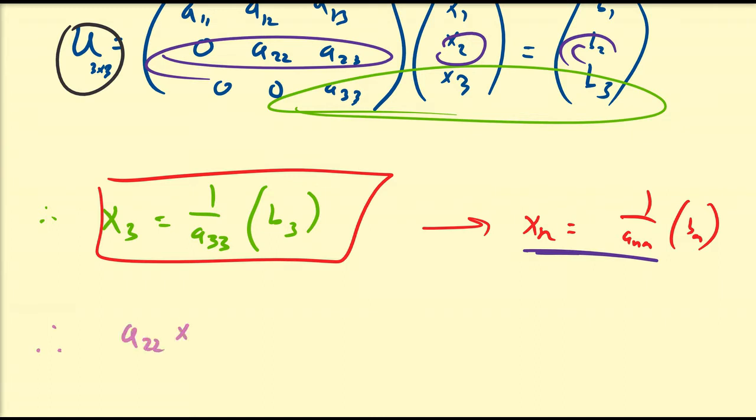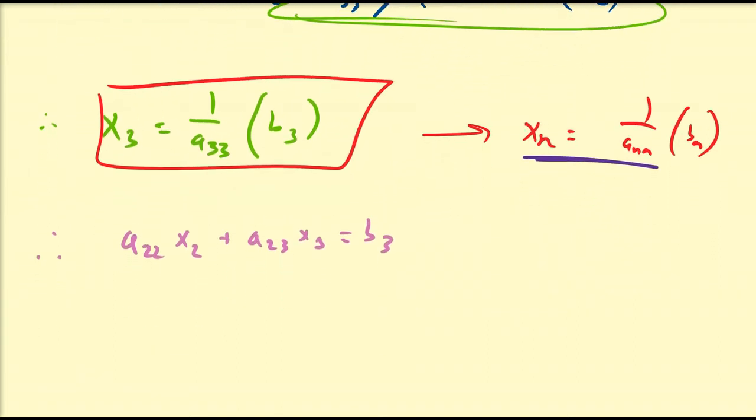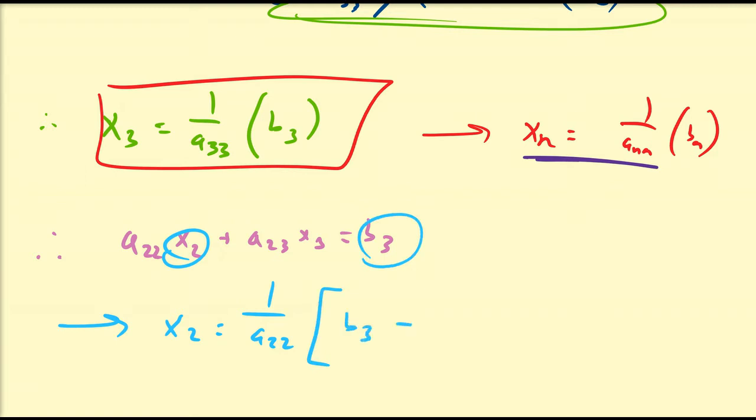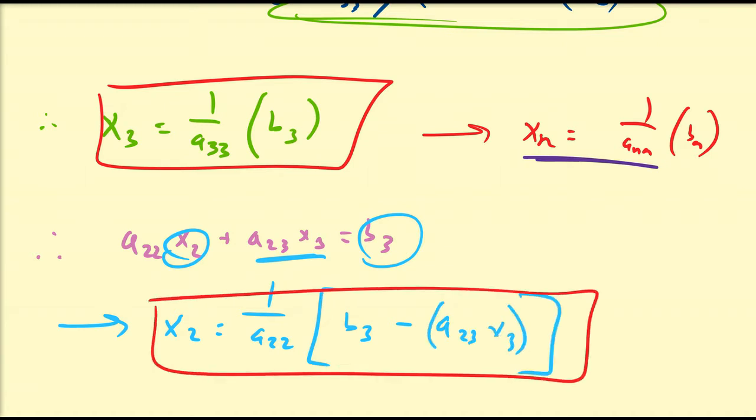That's a22x2 plus a23x3 is equal to b2. So we can isolate this equation for x2. So x2 is going to be equal to 1 over a22 times b2 minus this expression here, a23x3. Right? So that's the structure.